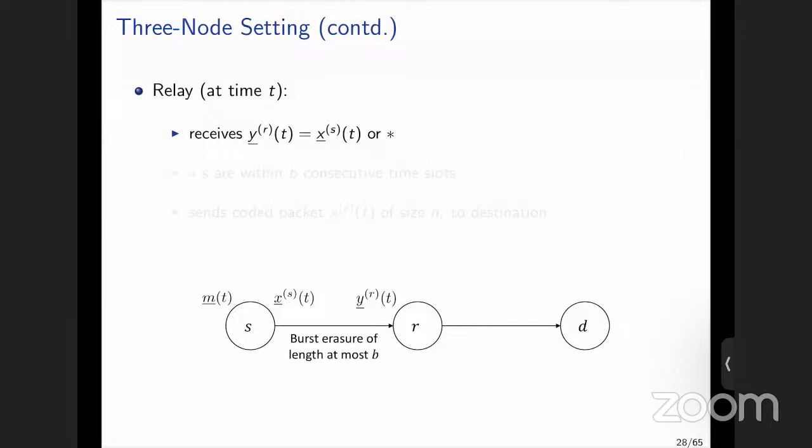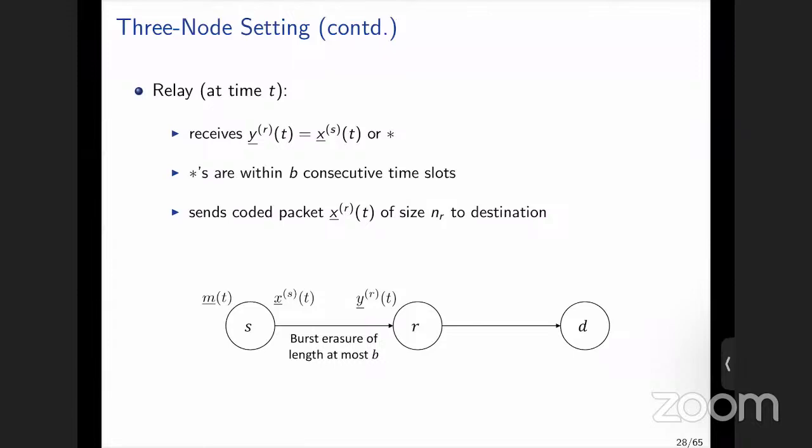So there will be either erasure or no erasure. Again, there will be no errors. YRT will be either XS of T or star. Again, as in the point-to-point case, we'll be assuming that erasures occur within at most B consecutive time slots. The stars are confined to within B consecutive time slots. That's the assumption.